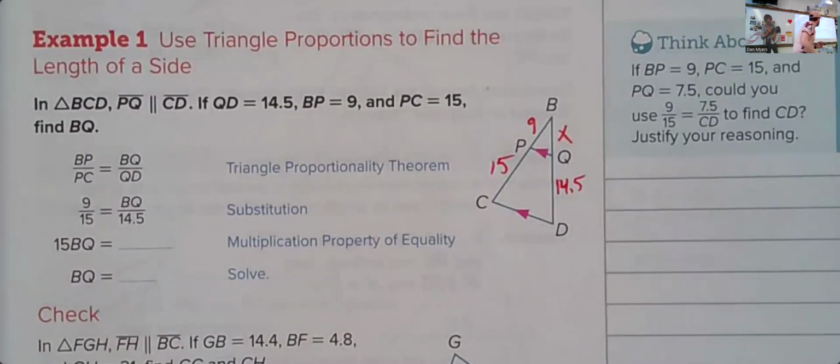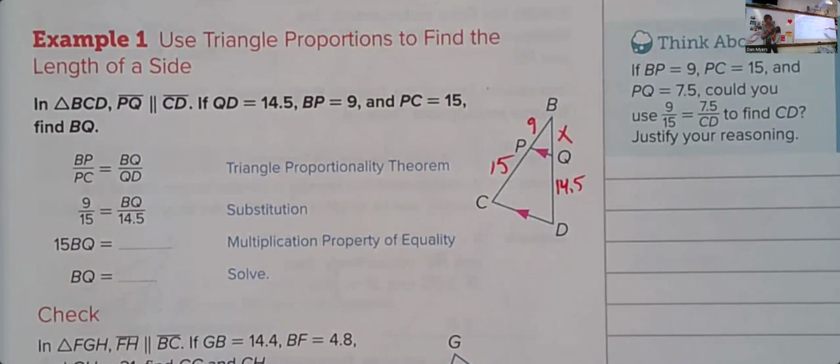What that means is instead of using, like we've done before, the entire length of the large triangle over the length here of the small triangle, we can actually say that the two parts here are in proportion. So 9 to 15 is in proportion with X to 14.5. So if we write 9 over 15 and we set that equal to X over 14.5, that also will work.